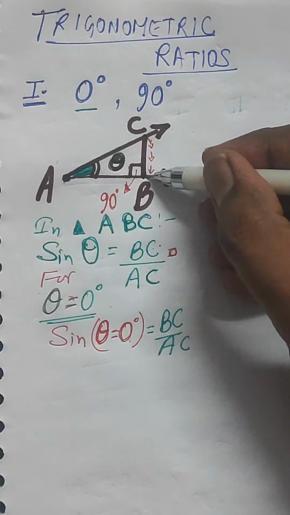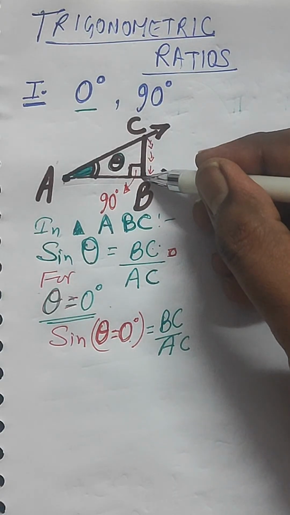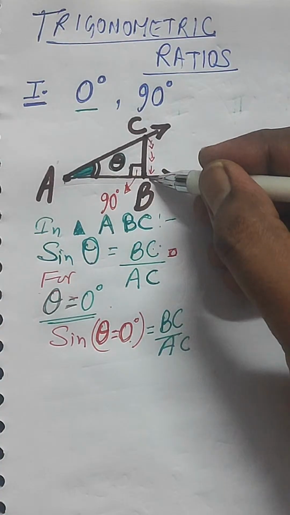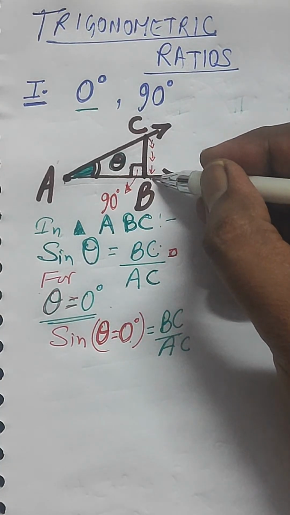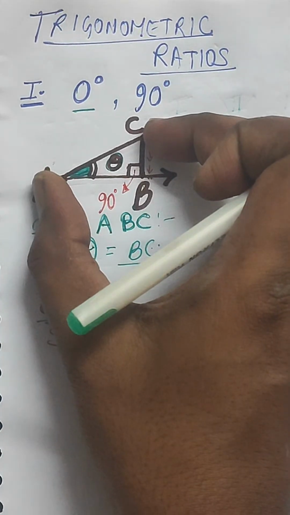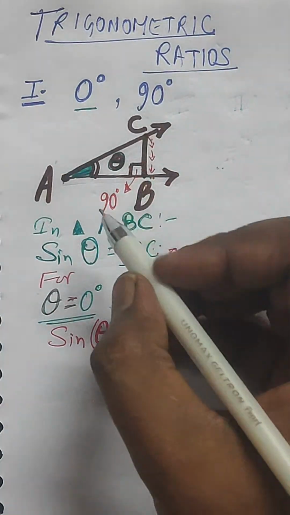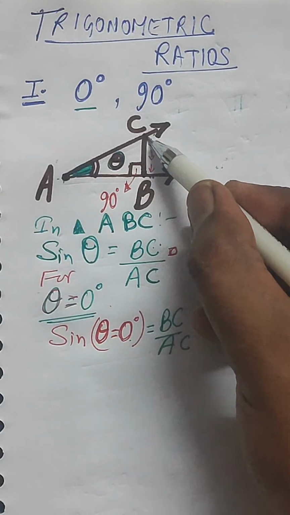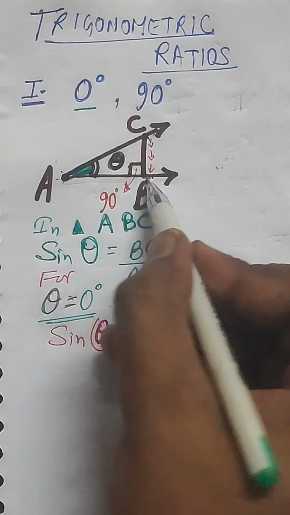Now in this case, when C will collide with B, what will happen? The length of AC will be equal to AB, isn't it?